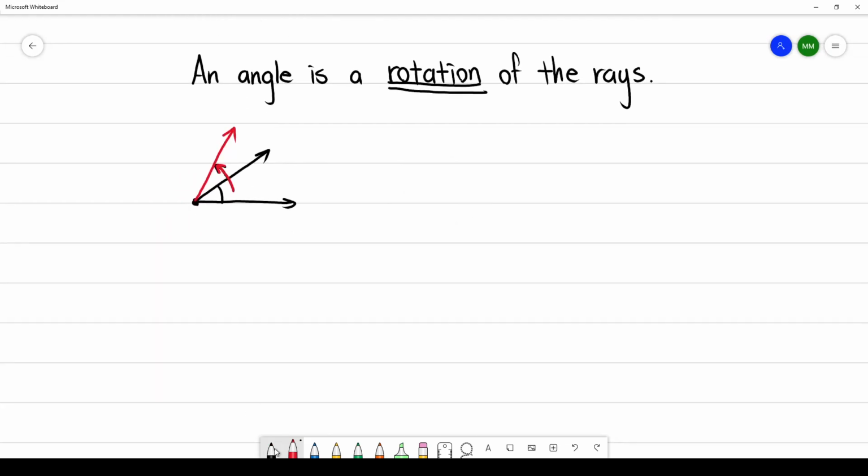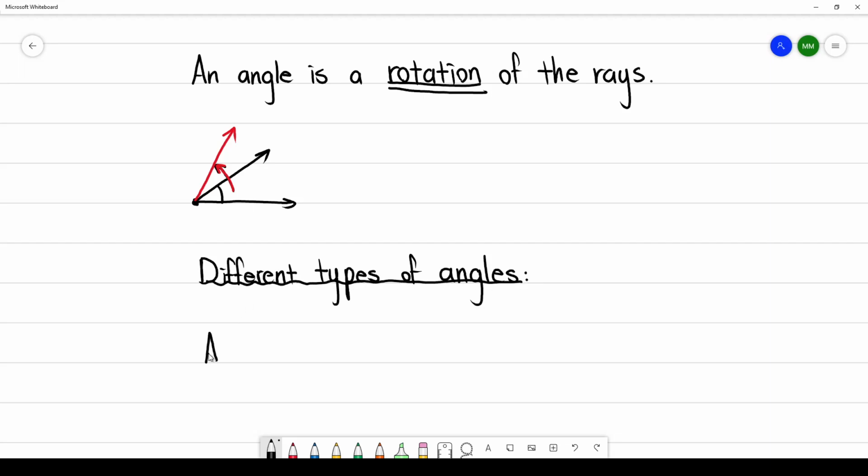So the different types of angles. First there's an acute angle.